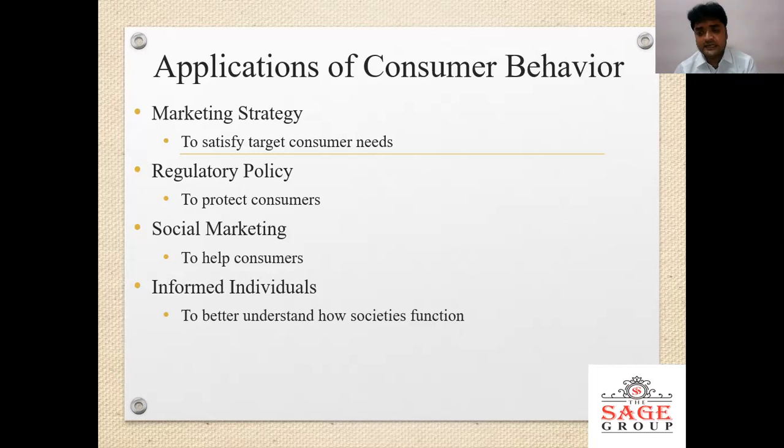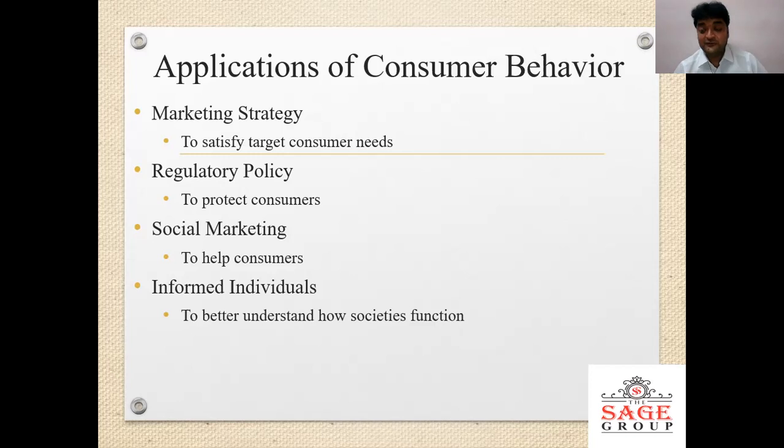Once you get an idea about consumer behavior, you can think about protecting their interest, so consumer regulatory policies are related to protecting consumer interest.